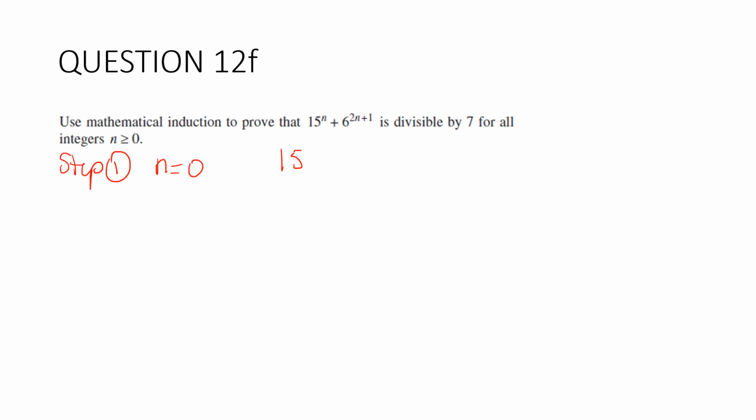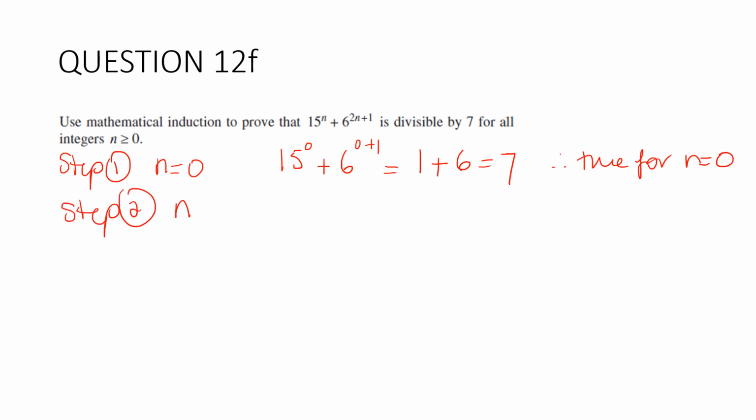Substituting in, 15 to the power of 0 plus 6 to the power of 0 plus 1 is equal to 1 plus 6, which is 7, which is divisible by 7, therefore true for n equals 0. Step 2. Let's assume it's true for n equals k. So 15 to the k plus 6 to the 2k plus 1 is going to be equal to 7 multiplied by some integer m.